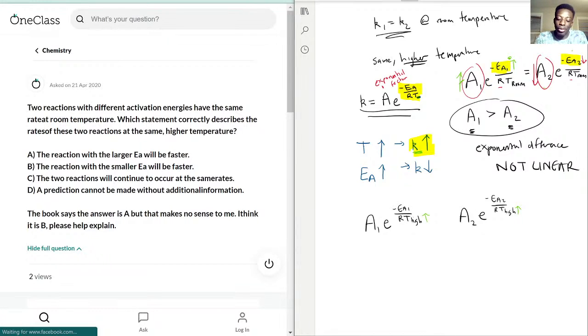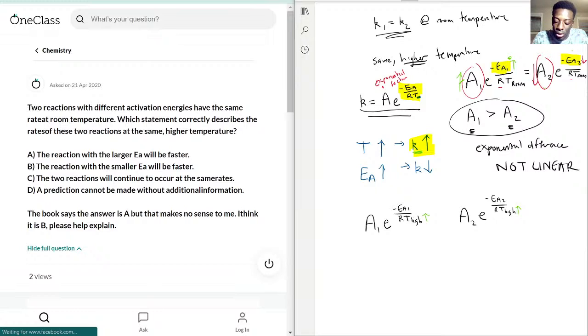And remember, everything is exponential. So when you increase this, you get overall in this section a smaller negative number still. Same thing for here, a smaller negative number, right? But remember the information that I told you, that the activation energy of the first one was bigger than the activation energy of the second one.